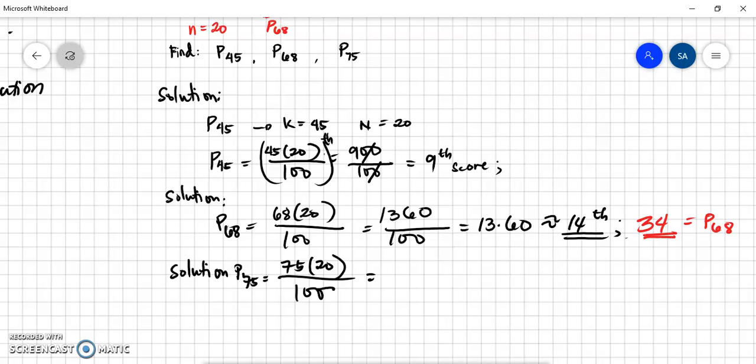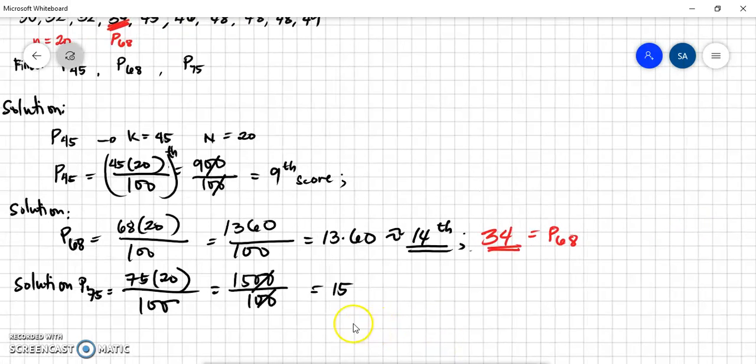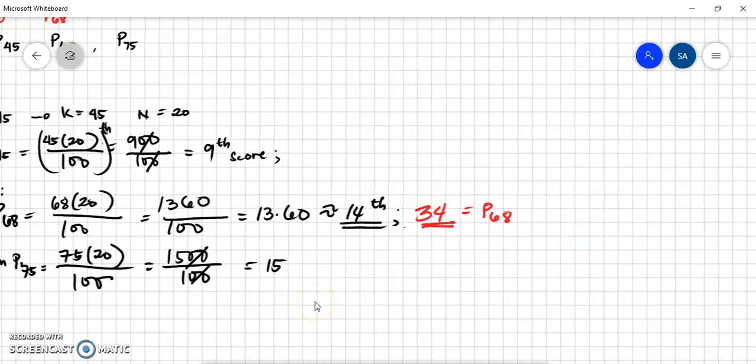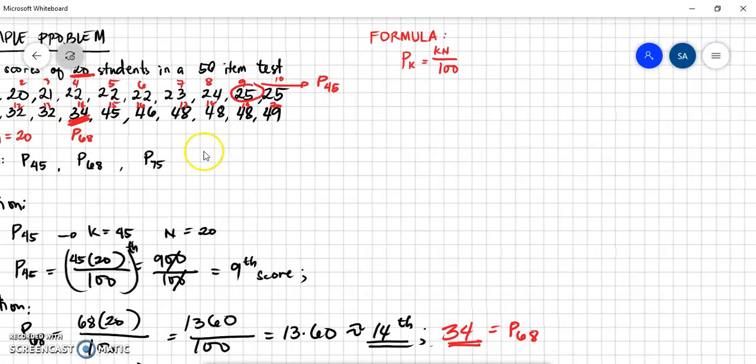So 75 times 20 is 1,500 over 100. That is equal to 15. Okay. So our P sub 75 is on the 15th place. Okay. 15th place is 45. So this is your P sub 75.